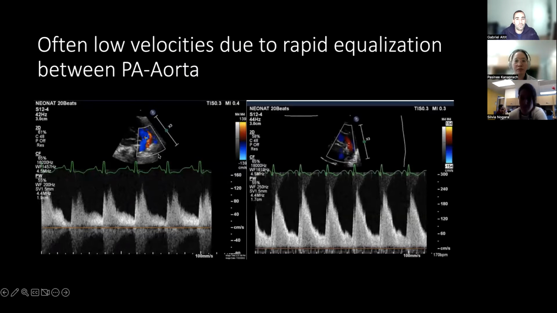Here you can see the profile: you get your QRS and systole, and then a very rapid equalization, with velocities almost close to zero. So it tells you that in diastole, there's very rapid equalization of velocities or pressure on both sides, which means that this duct is probably equalizing pressure between the aorta and the pulmonary end.